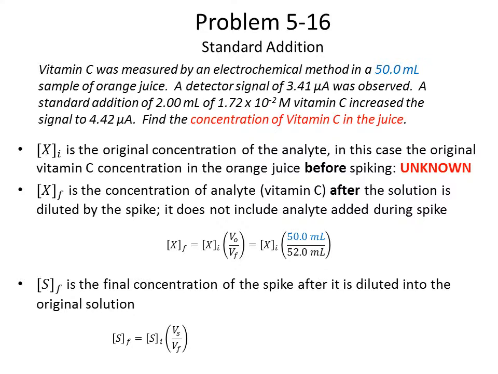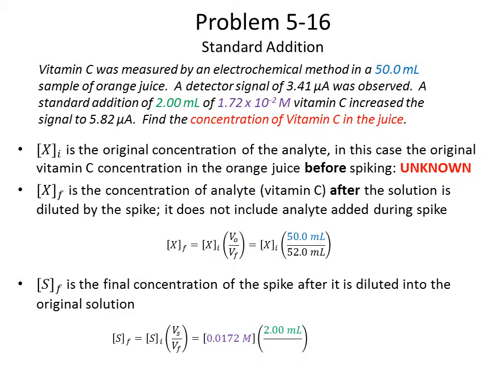Sf is the final concentration of the spike after it is diluted into the original solution. So this is calculated in a similar way with a dilution factor. In this case, we know Si, the initial concentration of the spike, as 0.0172 molar. We then multiply by the dilution factor.